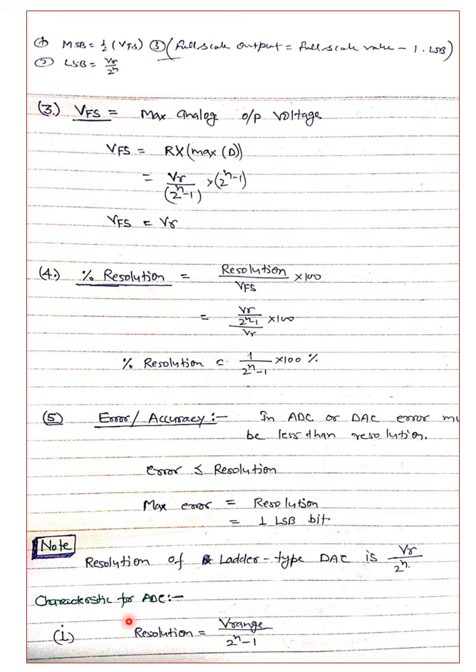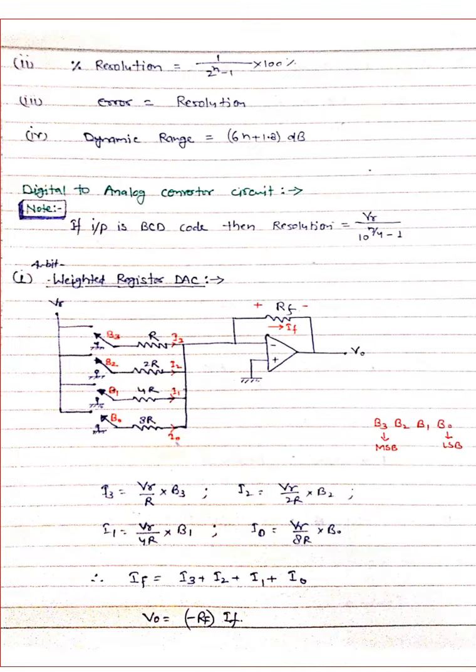The next one is the ADC. They are almost the same, with slight differences you have to keep in mind. The first is resolution. Here the resolution is given by V range upon 2 raised to power n minus 1 for an ADC. Percent resolution is given by 1 upon 2 raised to power n minus 1, which is the same for both ADC and DAC.